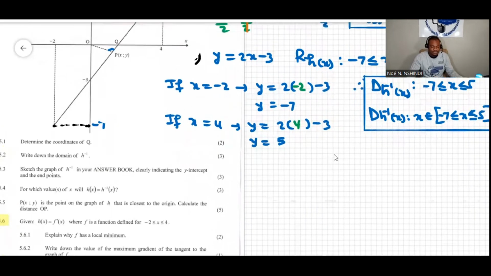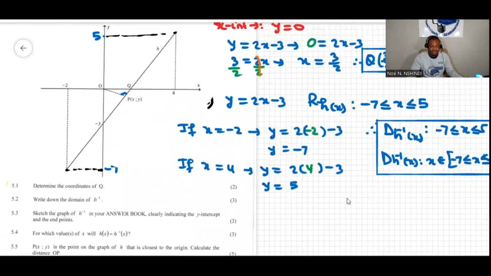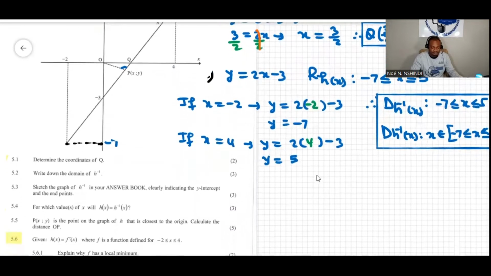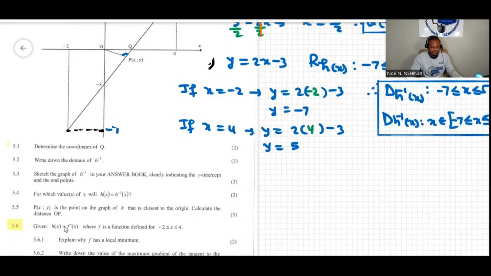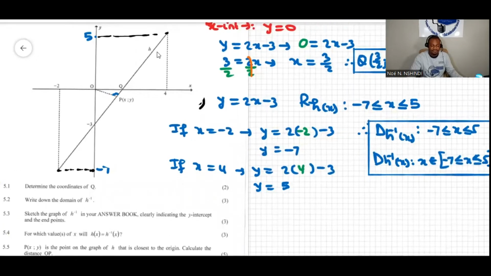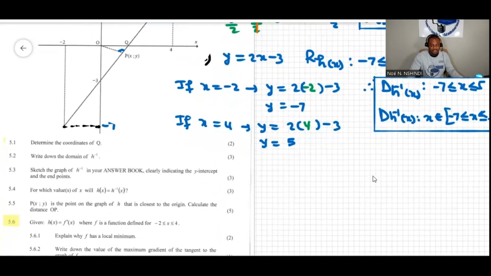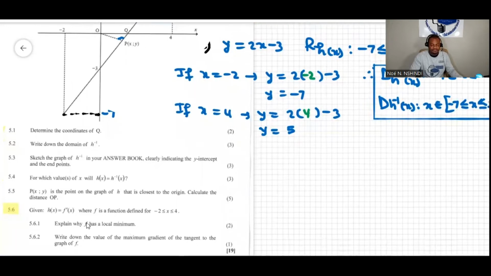Over here we don't have f, but they tell us that h of x is equal to f prime. So the same graph here is now the graph of f prime of x. Now the question says that we need to explain why the function f has a local minimum.